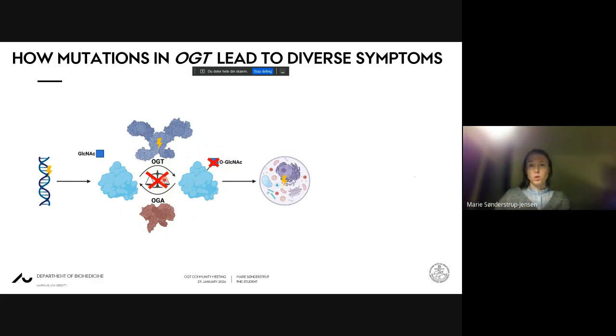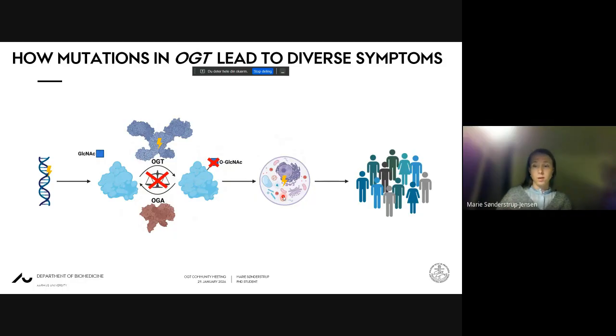And all of this, of course, can have an effect on the cell where the proteins either don't function as they should or function differently in any way. And because OGT affects so many different proteins, this can give rise to a lot of different effects in the cell and in the body and give rise to this very diverse range of symptoms that patients with OGT mutations experience.